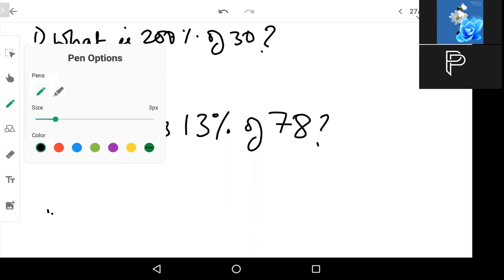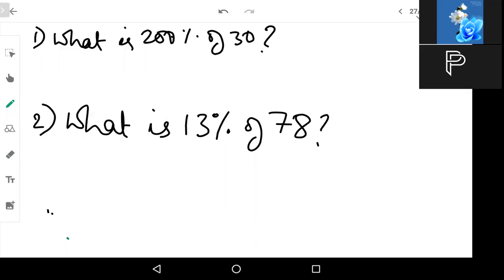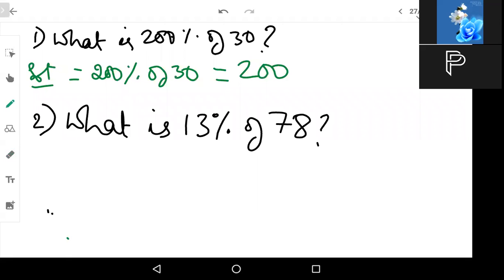Okay, so let us solve this. Solution: 200% of 30 is nothing but 200 by 100 into 30. So what is 200 by 100?